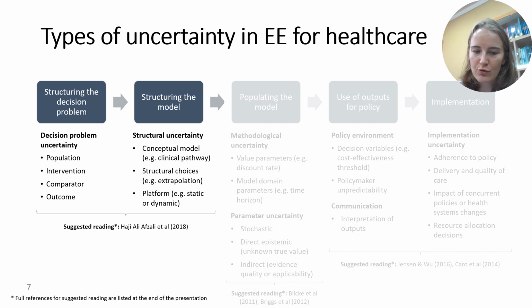Another one is in terms of the structural choices. So this relates to the functions that actually connect those different data points that you have in the model and then come to the outcome. So an example of this that's often a big source of uncertainty in economic evaluation is extrapolation. So you can think about an example where you're modeling an intervention for alcohol addiction, for example.